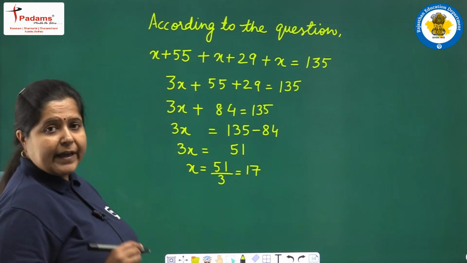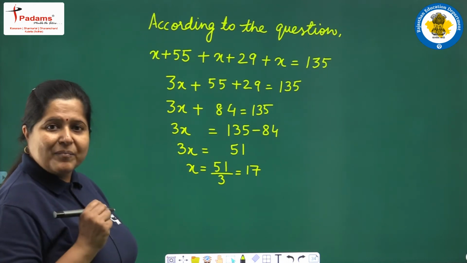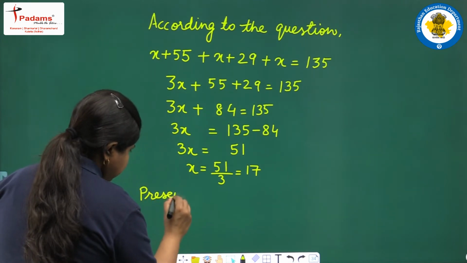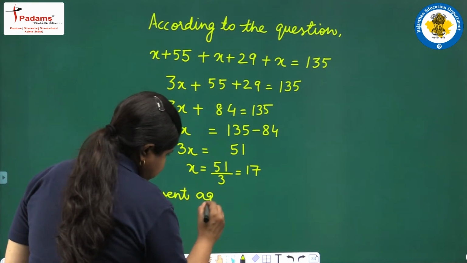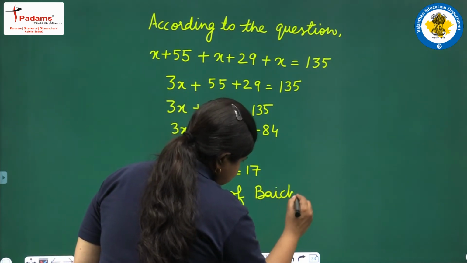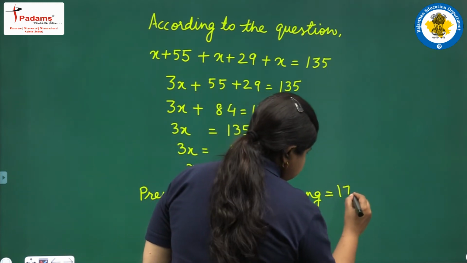Now this is the value of x, and x represents the present age of Baichung. So present age of Baichung is equal to 17 years.